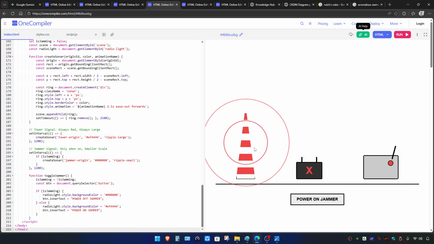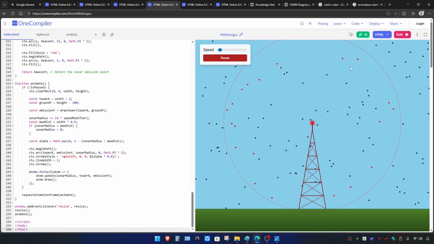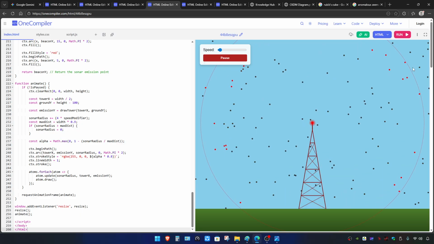Okay, so when we talk about radio, first of all, let's learn a little bit about this radio hijacking, or maybe I should explain this one first, then I will talk about radio hijacking. So this is an animation I made where this is a tower, and the tower will send information outside. Okay, like this. So we are thinking, okay, this is the wave, right?